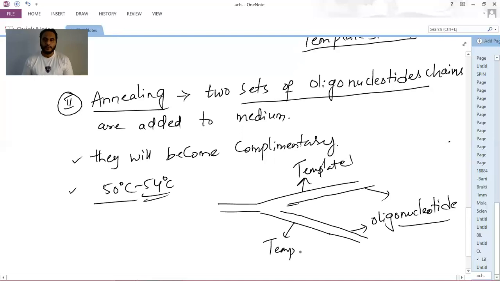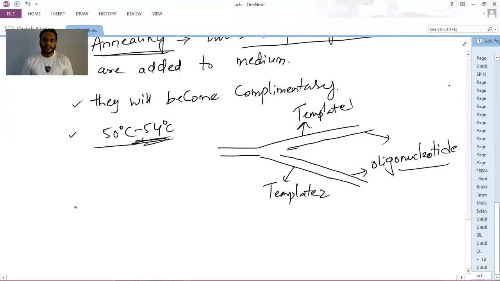This process is annealing, and it should be done at the temperature range of 54 degrees Celsius. And the next step is extension. The third step is extension.